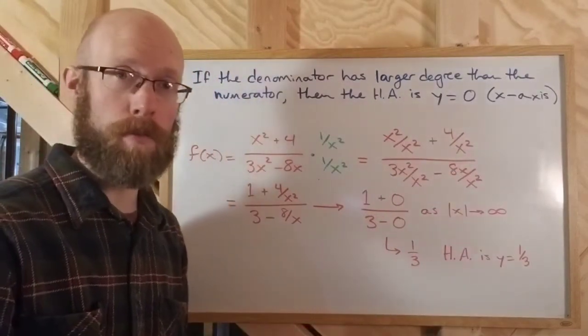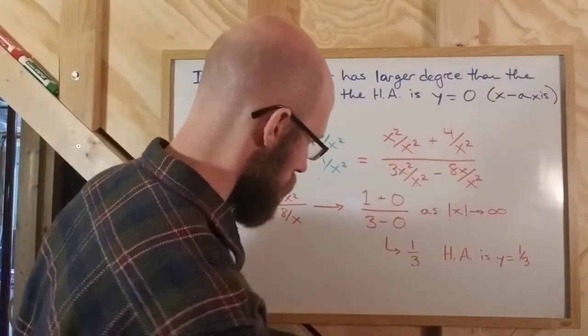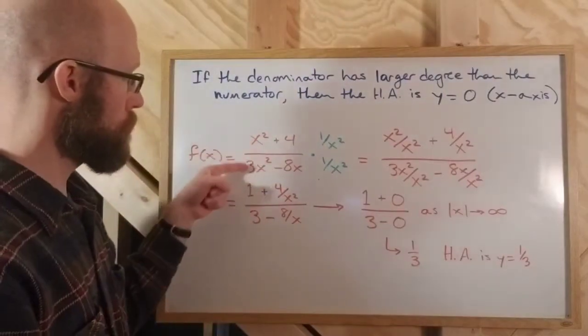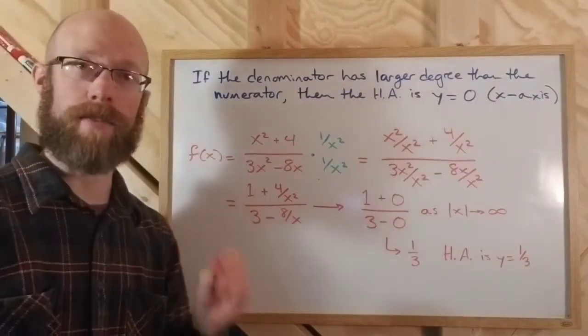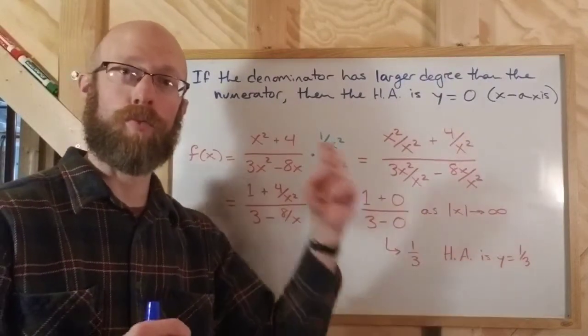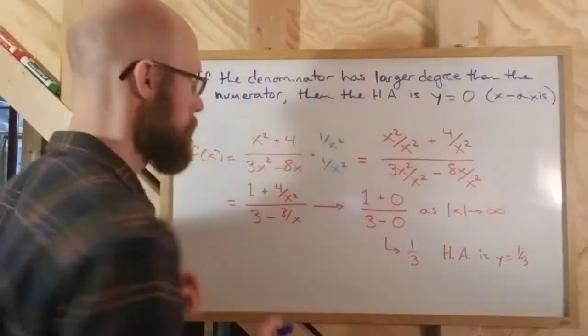So that's always going to be the case. Our general principle now is that if the numerator and denominator have the same degree, then the horizontal asymptote will always be the ratio of the leading coefficients, whatever that is.